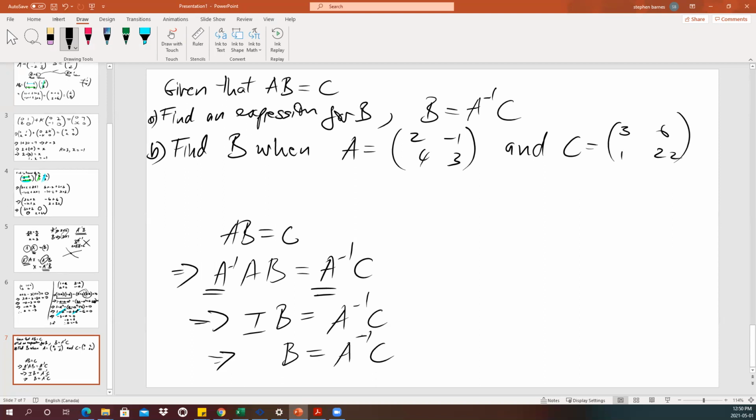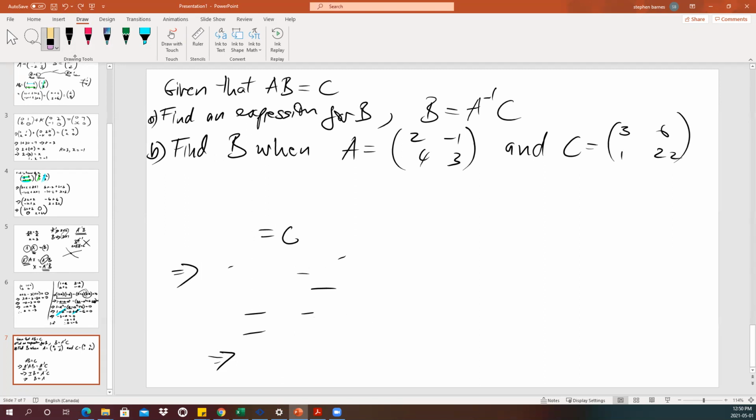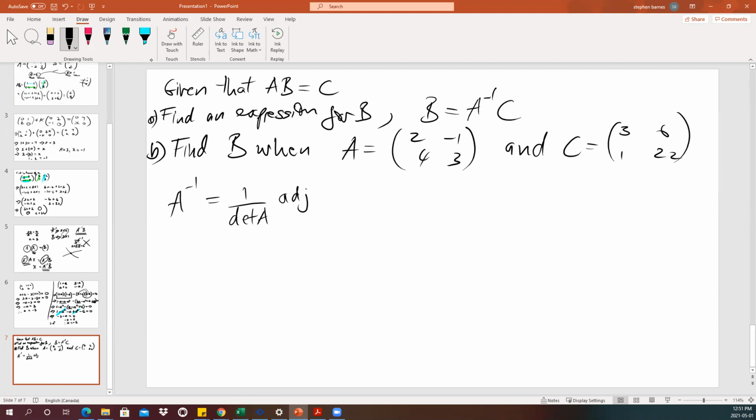So let me just erase all of that. So let us see now. To find A inverse, remember, we got something before that says 1 over the determinant of A multiplied by the adjoint of A. So we need to find the determinant.